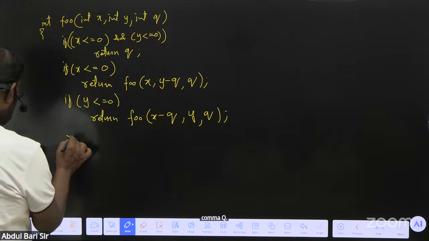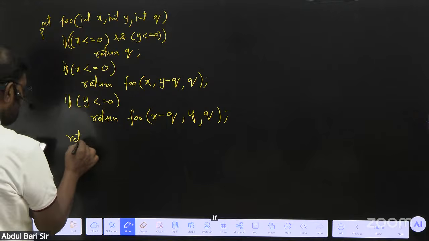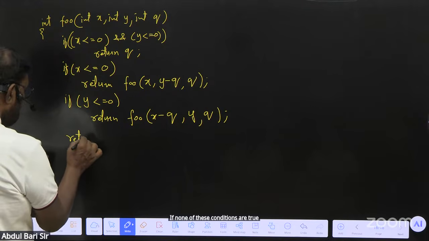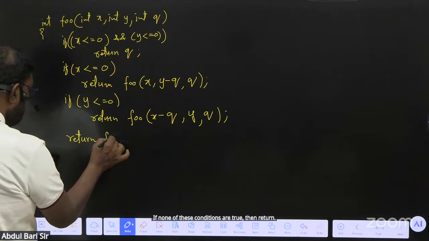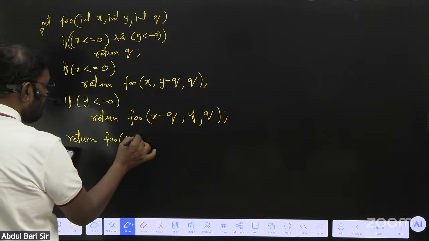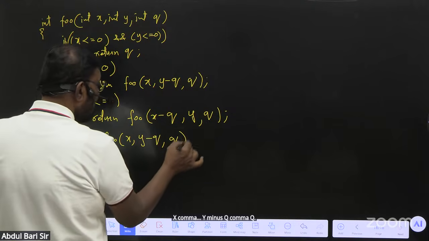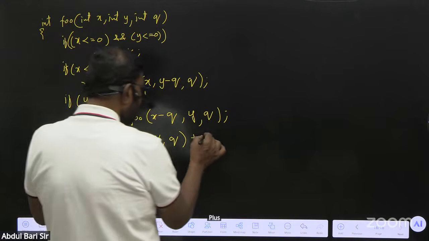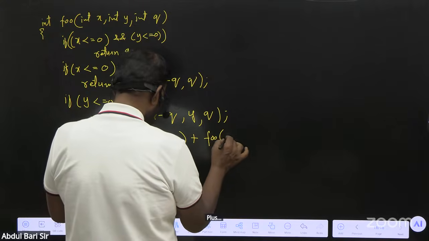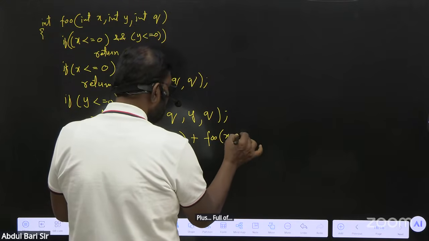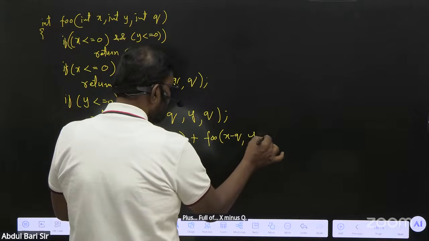And finally, if none of these conditions are true, then return foo of x comma y minus q comma q plus foo of x minus q comma y comma q.